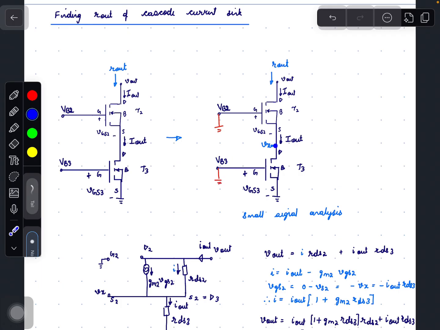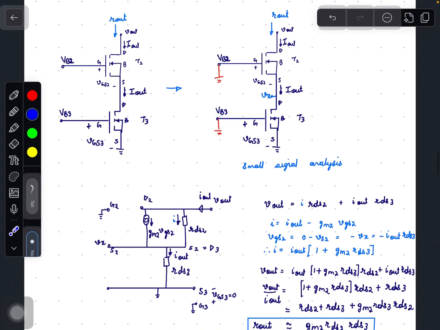And let this node, that is the drain of T3 or the source of T2, be equal to Vx. Now let us draw the small signal model of this circuit. So we have the gate of T2, which is connected to ground, and the source of T2, that is S2, which equals Vx. Then we have the drain of T2, which is V_out.